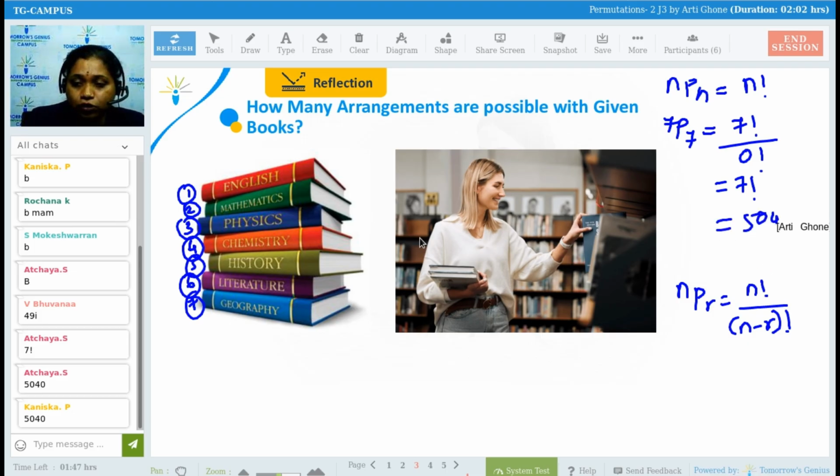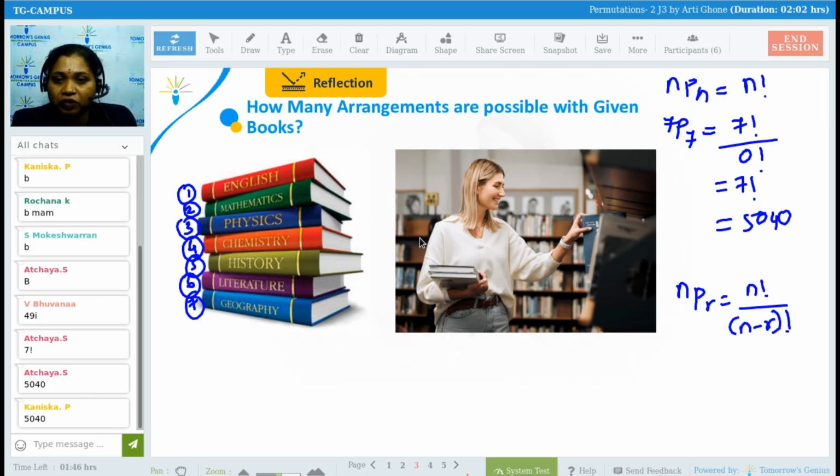So there are 5040 total ways to keep these books in a library. First English, then physics, then chemistry, or first math, second English, third physics, or first geography, second literature, third history. Like this, we are creating 5040 ways with permutations.